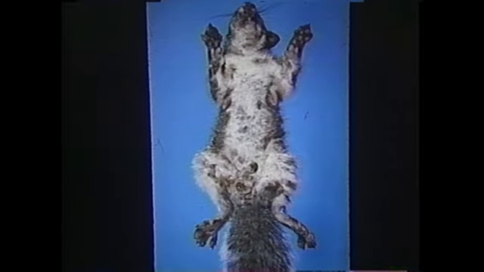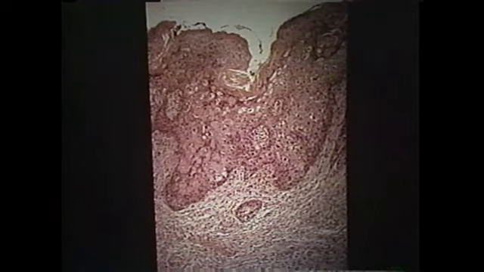Squirrels. Squirrel fibroma can be seen in squirrels in the state of Florida, and as everywhere else, the changes reveal themselves as proliferative nodular lesions.